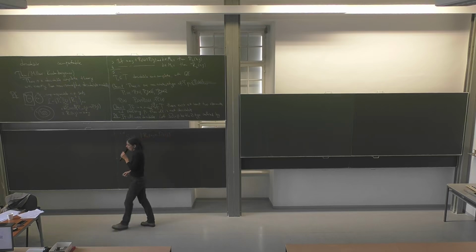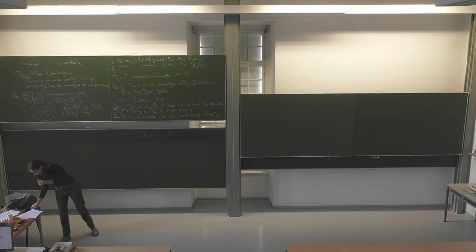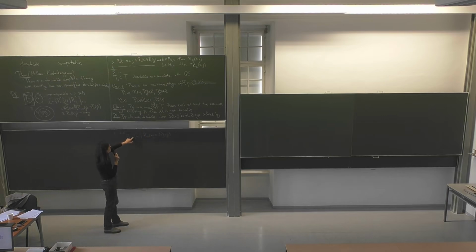Am I correct? Yes. So this is a computable set because the model is decidable, thus the theorem is decidable, everything is decidable, so this type is computable. And so this set is computable.